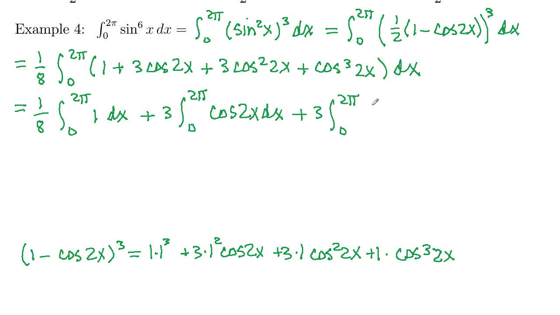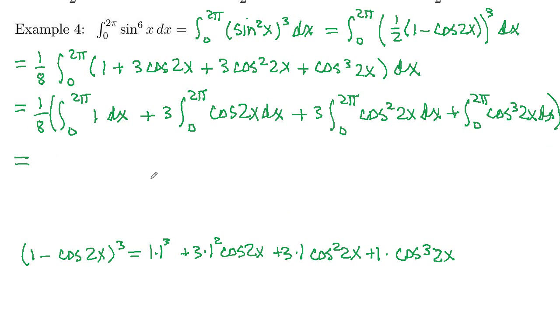Integral 0 to 2 pi of cosine squared 2x dx, and then the integral of the last term, 0 to 2 pi of cosine cubed 2x dx. Close our parentheses. That whole thing gets multiplied by 1/8. So now we just have to evaluate these smaller pieces.